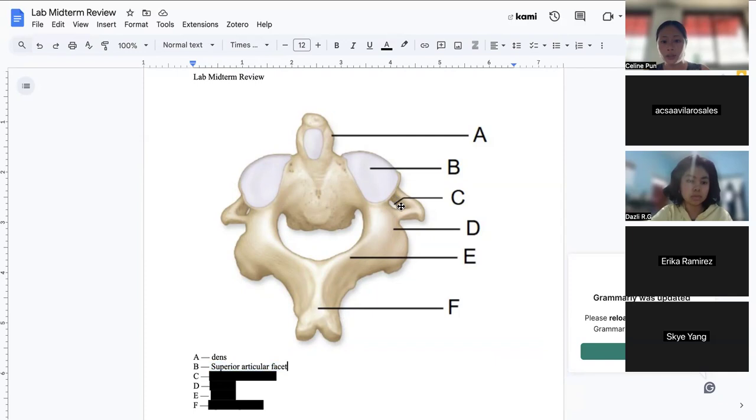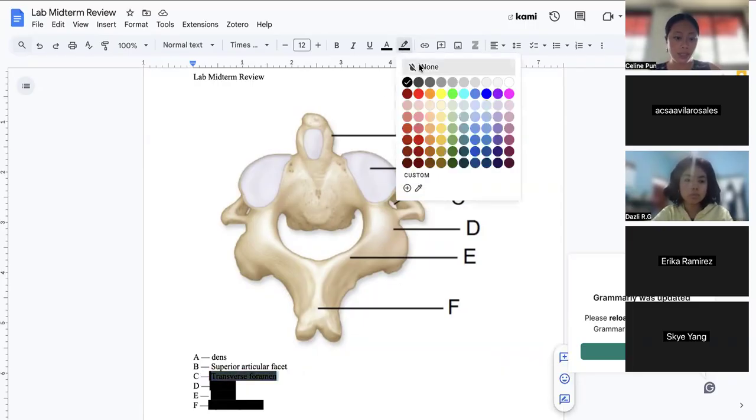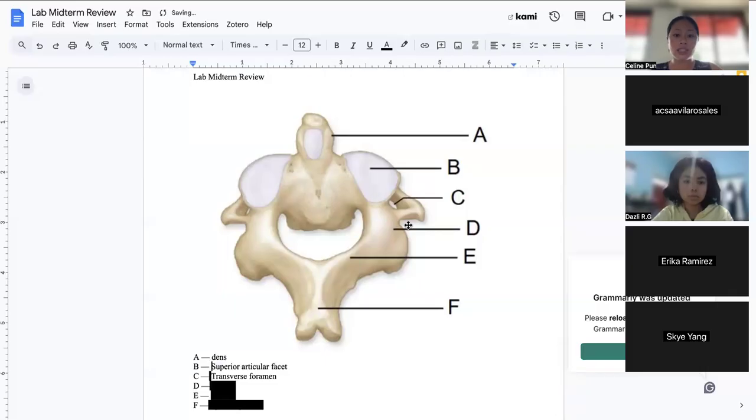Okay, for C, what are these tiny holes called? This hole, yes, it's a transverse foramen. This hole is in all the vertebrae, and it just looks a bit squished in this one, but this bone also has it.